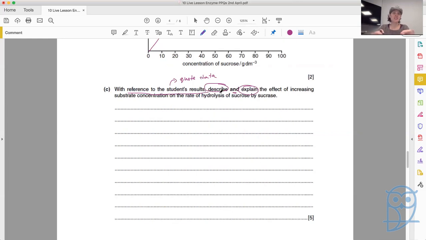You don't want to just get 5 marks. You want to get maximum marks. So, first description that we see is an increase in rate of reaction up to, let's say, 50 grams per dm cubed.